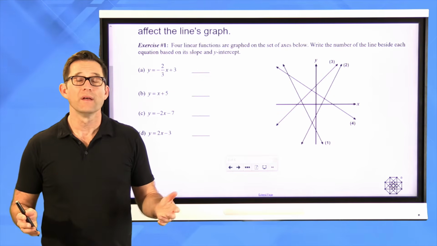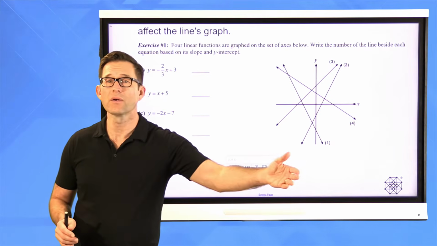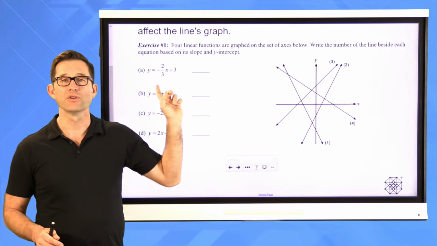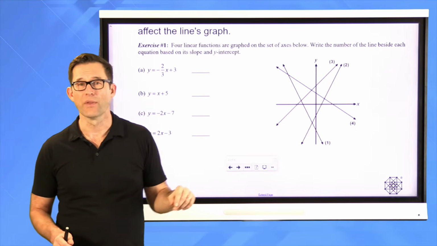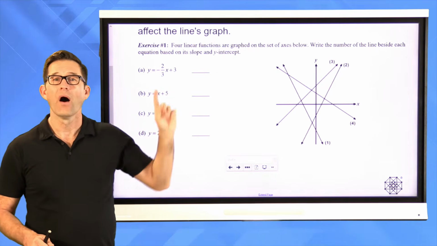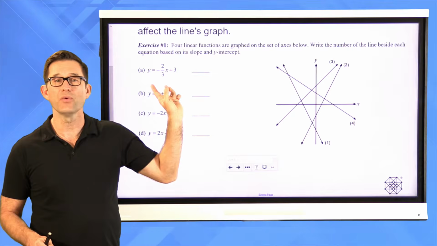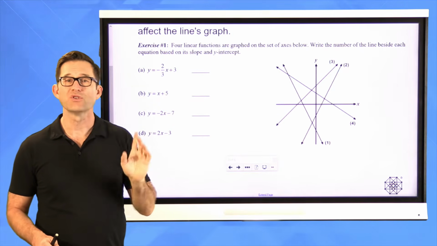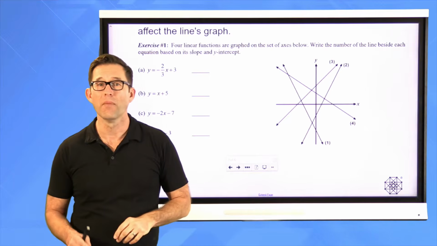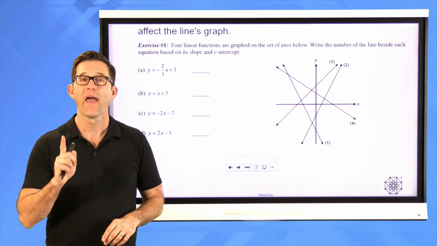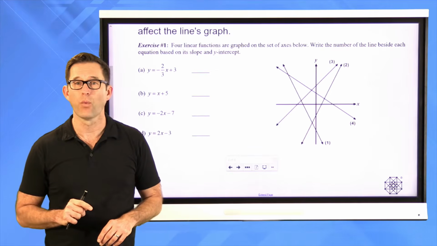Well, it's up to you. Do you start here and then work this way or the other way around? I'm going to actually start with the equation and figure out which line goes with it. Now, when I look at A, what do I know? I know its slope is -2/3 and I know its y-intercept is 3. So whichever line I'm looking for must have a negative slope, so the line must be decreasing, and it's got to have a positive y-intercept.